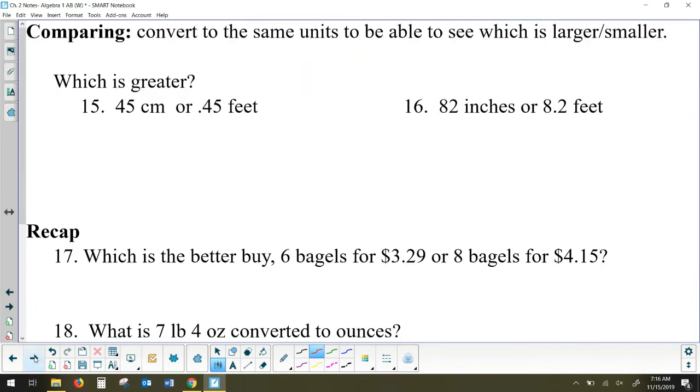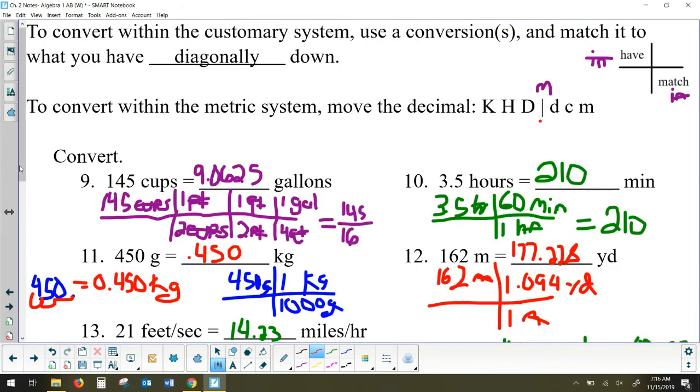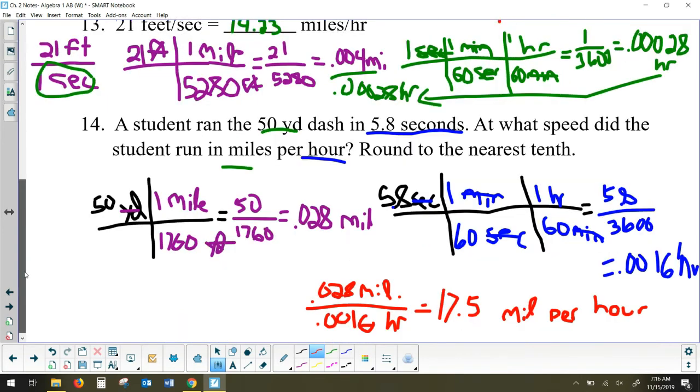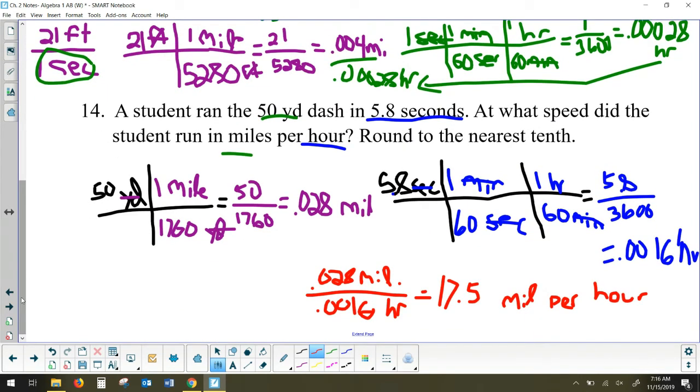Fabulous. Sorry, I should let you take a minute to finish writing that down. So we end up with 17.5 miles per hour. Get that written down. Pause it if you have to.